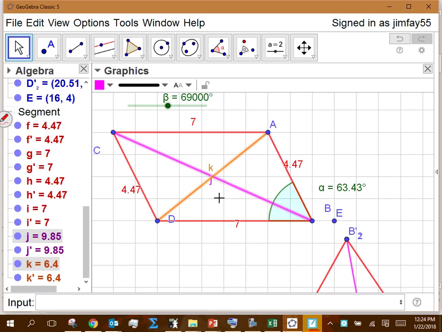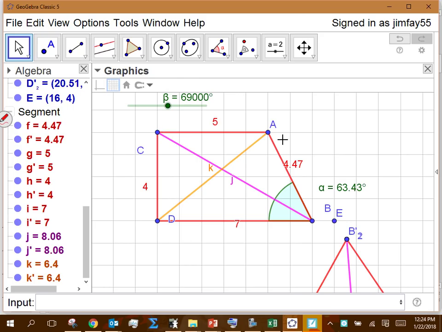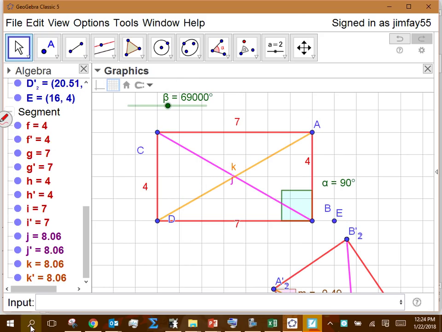But the instant that those two numbers become the same, would you agree that that number there and that number there are the same now? This thing now turned into a what? A rectangle. And the reason it's a rectangle is that's vertical and that's vertical, right? So those are parallel. That's horizontal, so that's parallel.